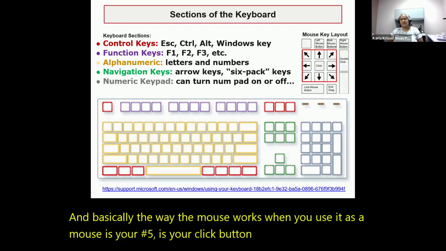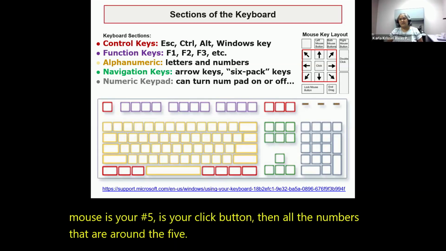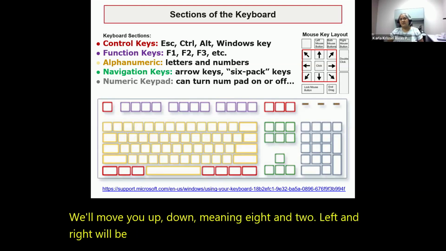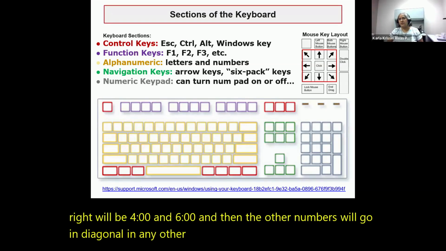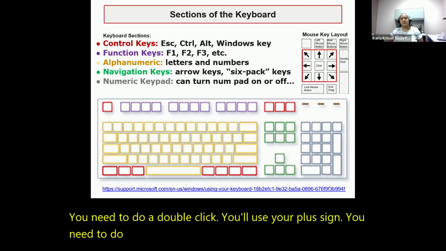The numbers around the 5 will move you up and down, meaning 8 and 2, and left and right, which are 4 and 6. The other numbers will go in diagonal in any other direction. If you need to do a double click, you'll use your plus sign. If you need to do a right click, you're going to use your slash, that kind of thing.